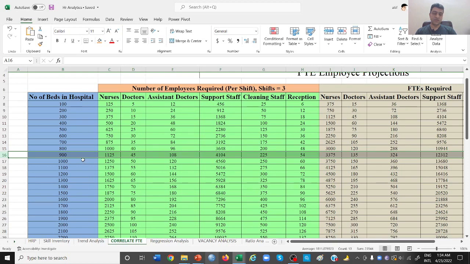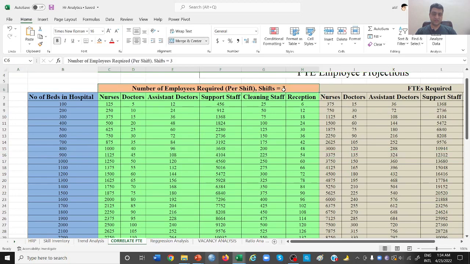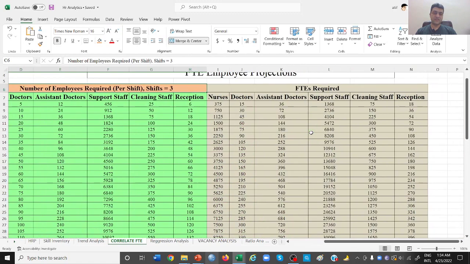One other thing is that in this data, we are also considering the shifts, because hospitals have to operate 24/7. So let's say there are three shifts of 8 hours, or four shifts of maybe 6 hours, or two shifts of 12 hours, but we are taking three shifts per day. Now, what is happening is we are also converting the shifts here.